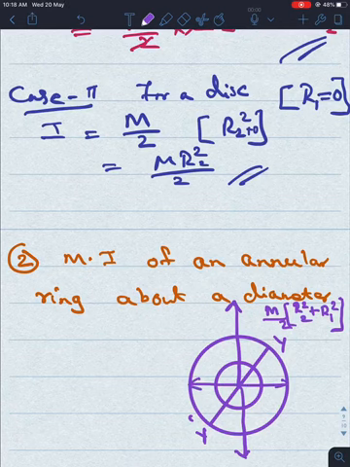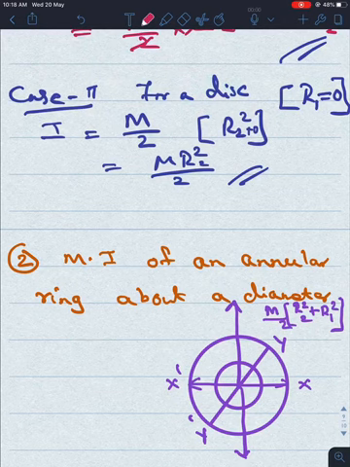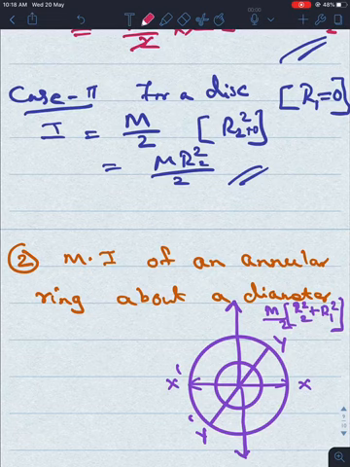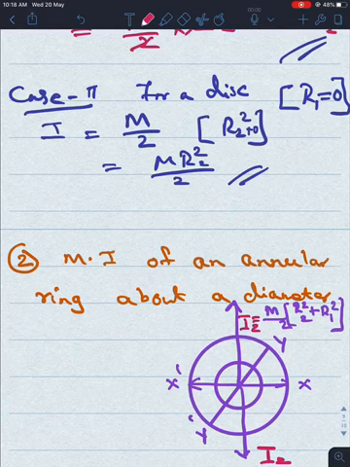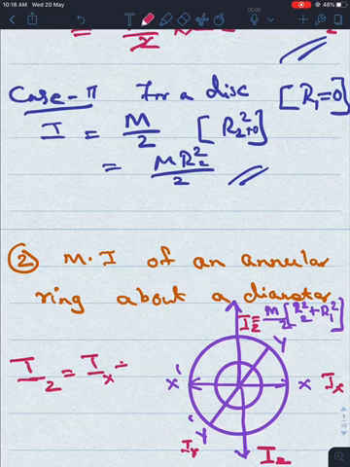I'll put this as x prime x, and if I put this as Iz, and this as Ix and this as Iy, then from the perpendicular axis theorem Iz is equal to Ix plus Iy.